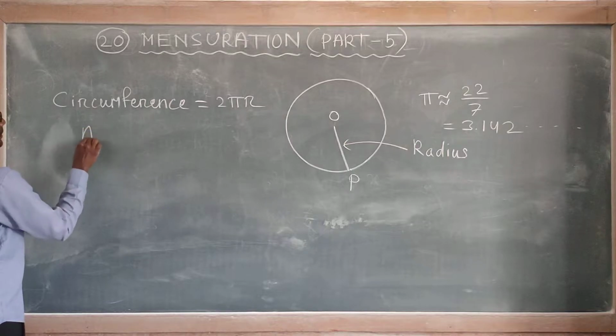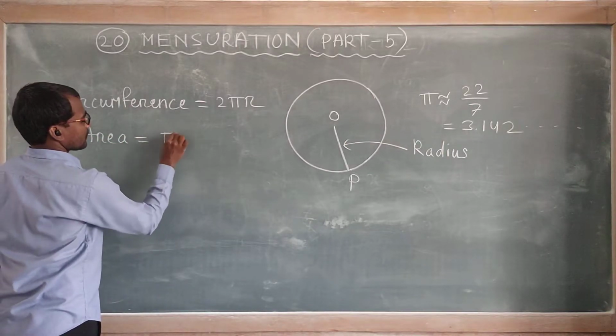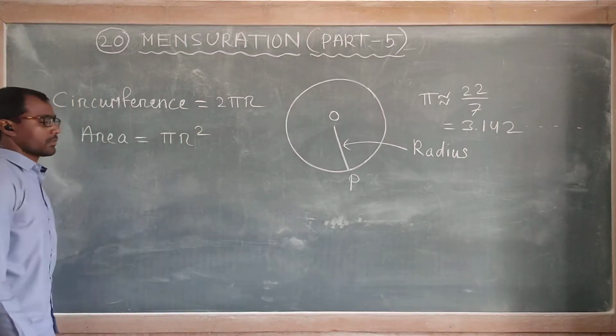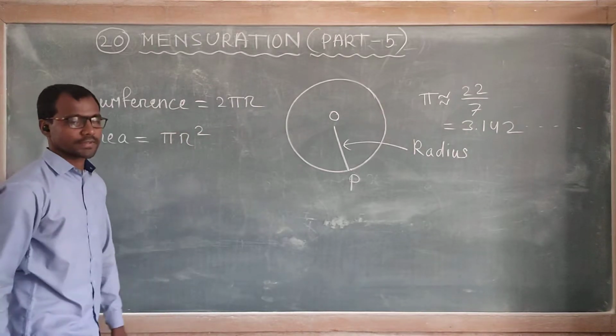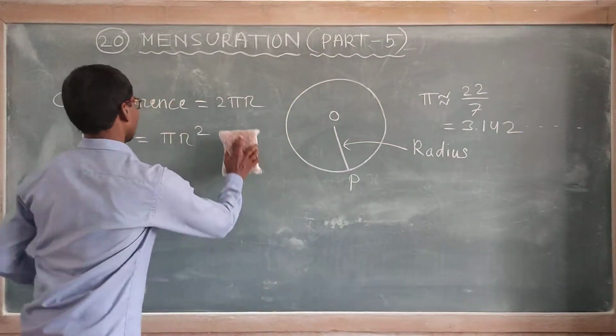Next we have area, which is pi r square. So these are the two formulas, circumference and area. Now let us go for semicircle.